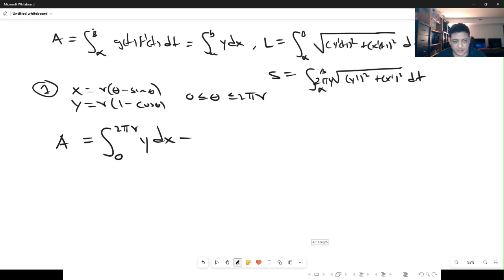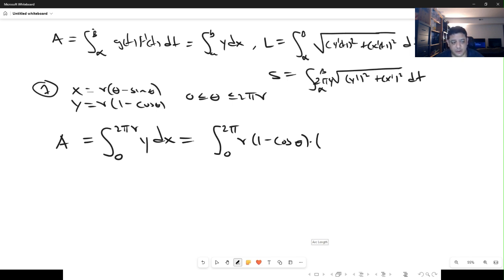This is what the normal area is going to be, but translating this to the actual curve, this is only going to be 0 to 2 pi over here, and then we have g of t, which is the function that we have for y. So it's going to be r(1 minus cosine of theta), and then we're going to have f prime of t, the derivative of x, which in this case is f prime of theta, because theta is our parameter here.